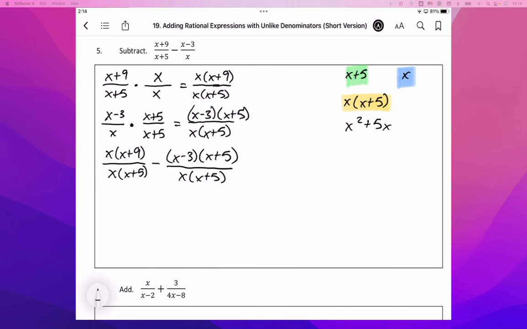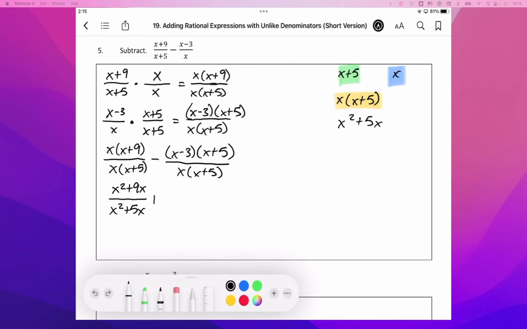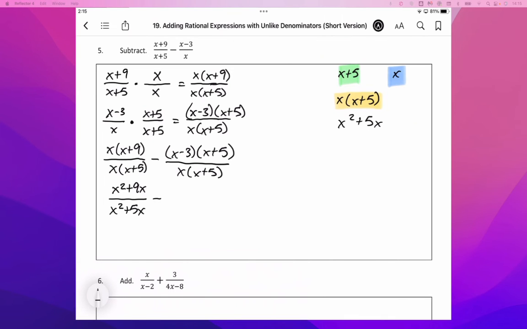Now, because this looks difficult for me to deal with, I'm just going to multiply everything out so that I get things simplified. So I'm going to have x squared plus 9x on the left over x squared plus 5x. And then on the right, I need to remember to distribute that minus sign after I get everything multiplied out. I'll do this work over here on the side.